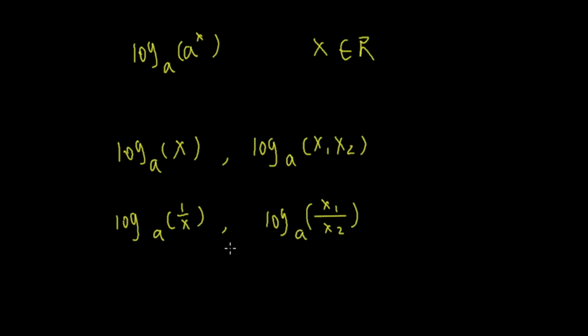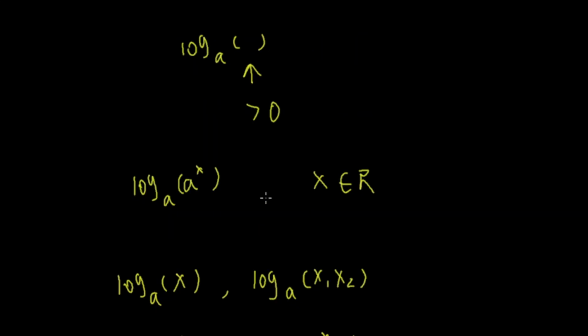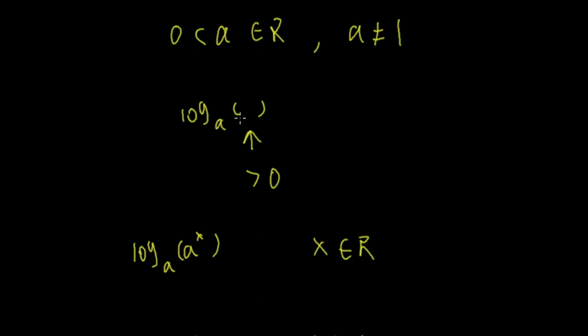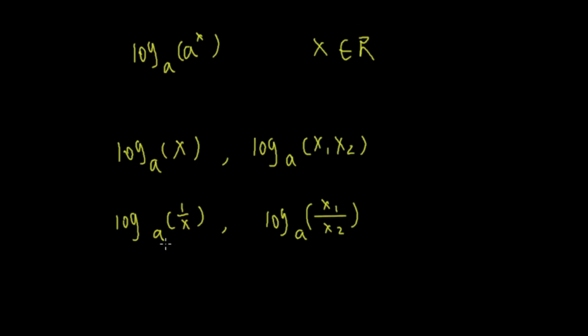In this case, what will be the restriction for x sub 1 and x sub 2? Notice that whatever is inside here needs to be greater than 0, has to be positive. So x here has to be greater than 0. The product has to be positive too. So x sub 1, x sub 2, they need to be positive numbers.